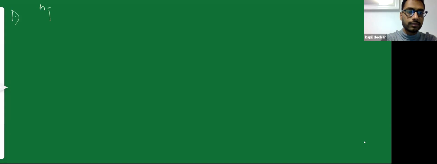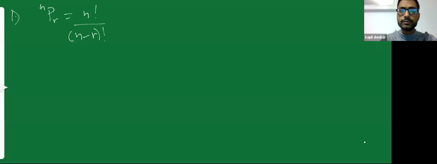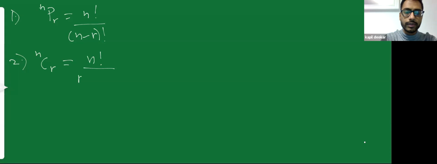We know that formula for nPr is equal to n factorial upon n minus r factorial. Combination is represented by C, permutation is represented by P, and formula for combination nCr is equal to n factorial divided by r factorial into n minus r factorial.